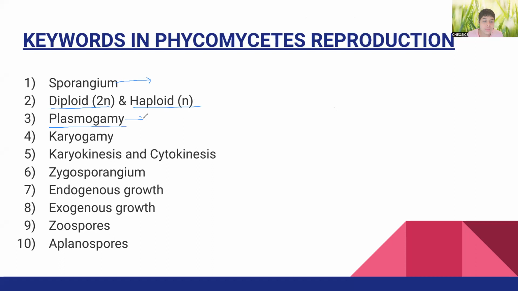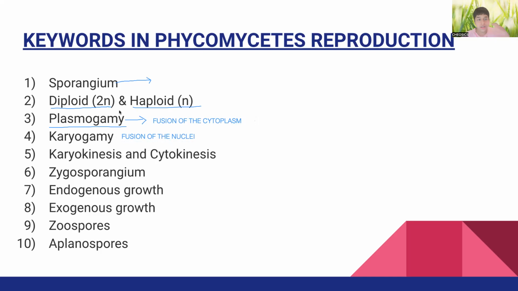What is plasmogamy? It's the fusion of the cytoplasm. And karyogamy is the fusion of the nuclei. Plasmogamy's opposite is cytokinesis, and karyogamy's opposite is karyokinesis.